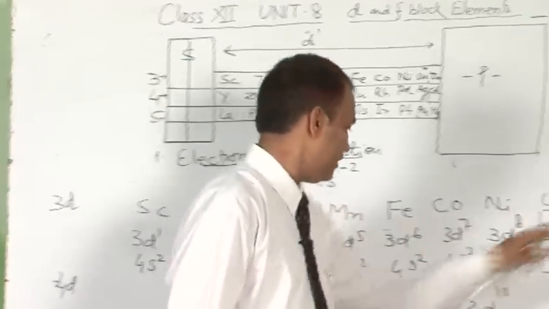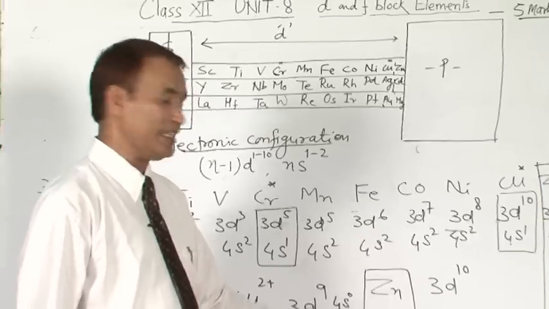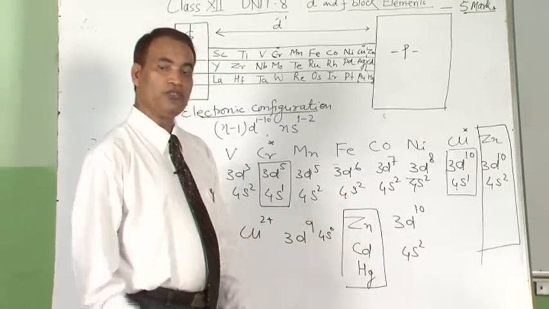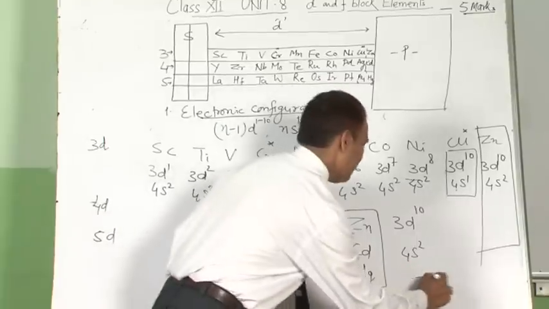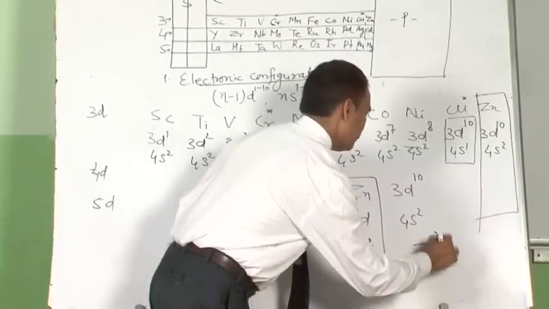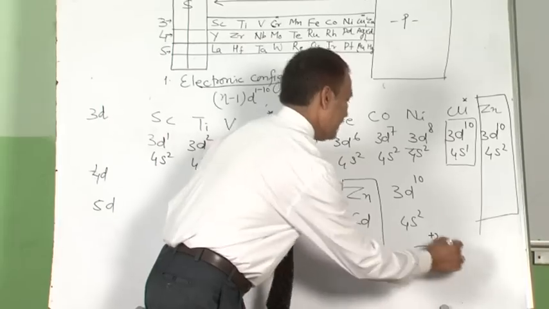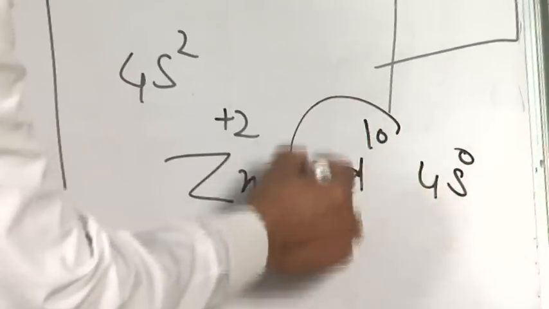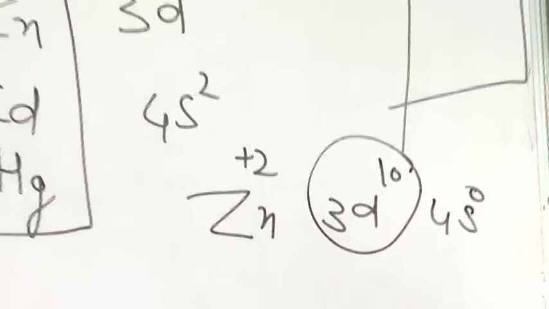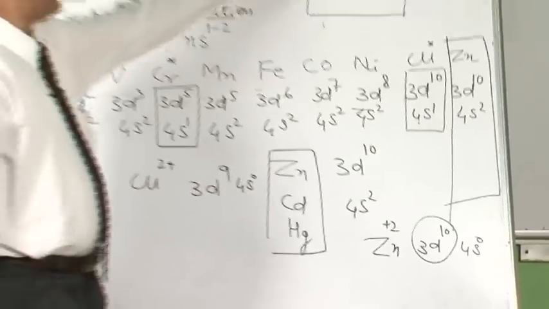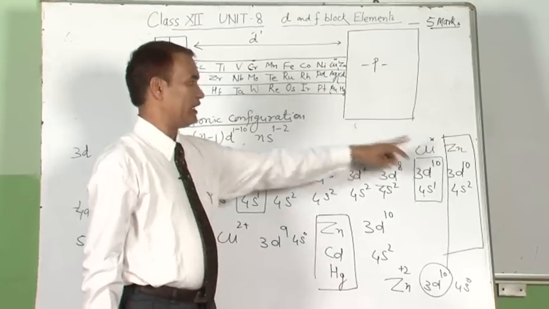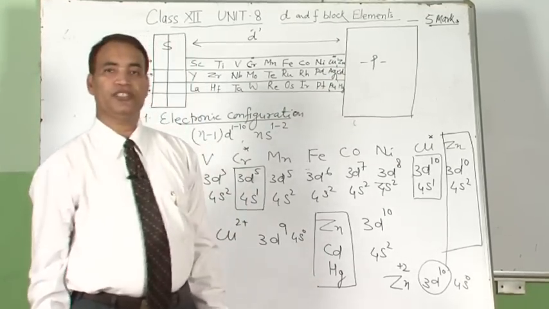But in the case of zinc, cadmium and mercury, they have completely filled orbitals in the atomic state and in their most occurring oxidation state, that is Zn plus 2. It has 3d10 4s0. So it is not a transition metal. The elements kept in group 12, like zinc, cadmium and mercury, are not considered transition metals.